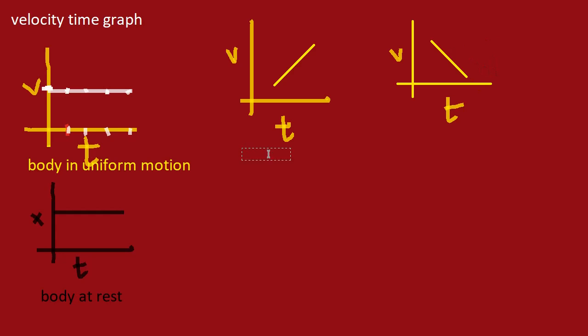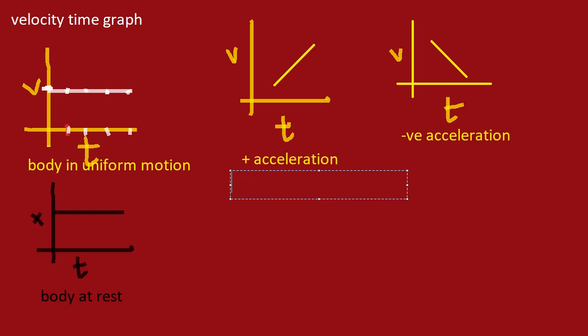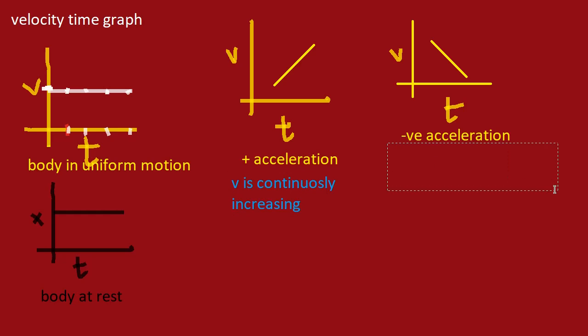This is for positive acceleration and this one is for negative acceleration. In the case of positive acceleration, the velocity of the body is continuously increasing, and in this case the velocity of the body is decreasing.